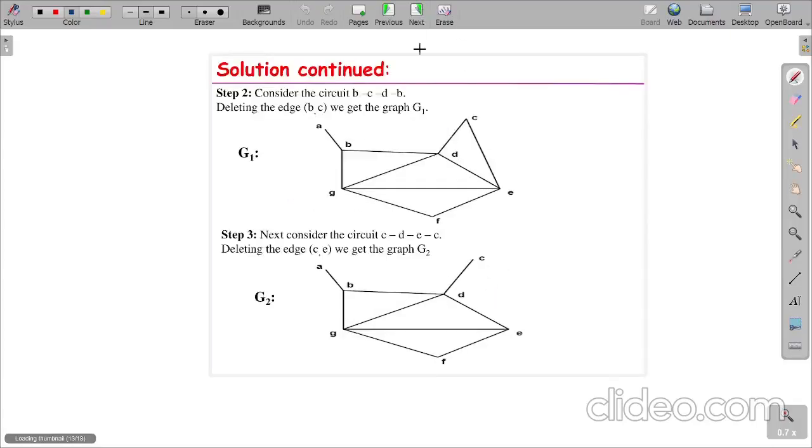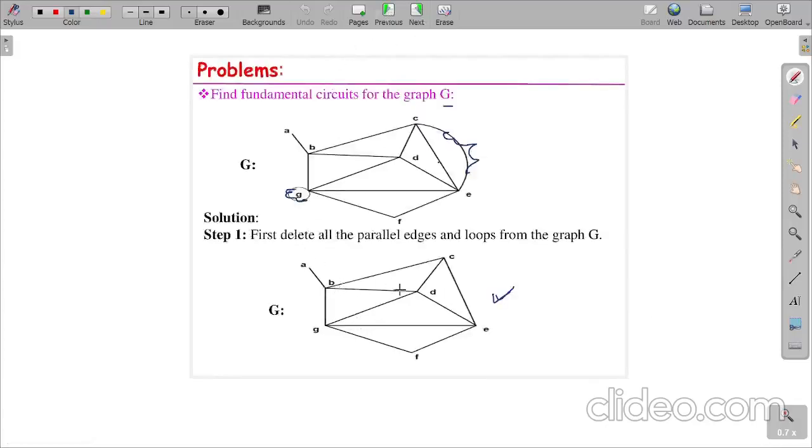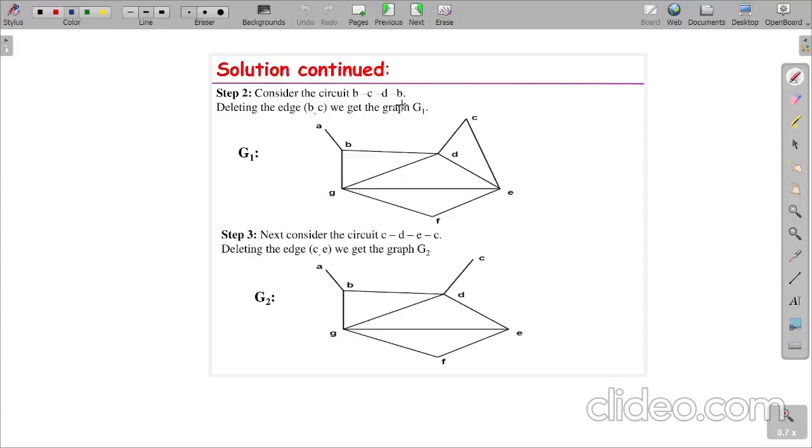In the next step, we are considering BCDB. We are considering this circuit BCDB, and we are deleting the edge BC from the circuit. Then we are getting BDC, this portion. And here we are considering the circuit CDEC, and we are deleting that CE, and we are getting this portion.